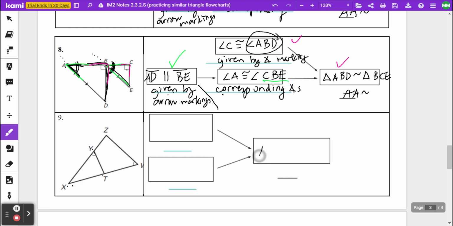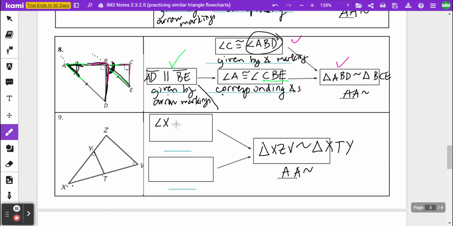In any case, triangle XZV is similar to triangle, all right, now we have to be careful, XTY, because they're not oriented in the same way. So it's not XYT, it's XTY. And this is by angle similarity.